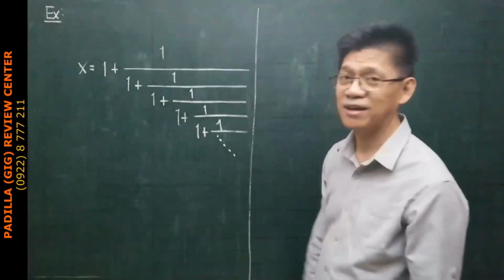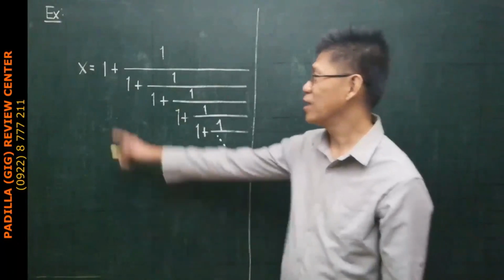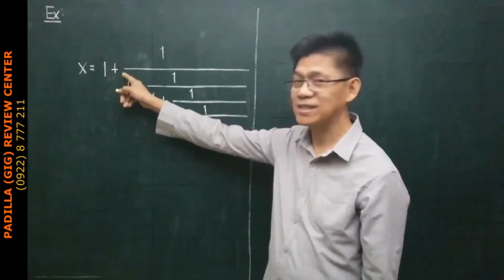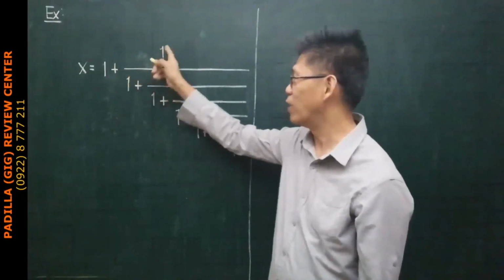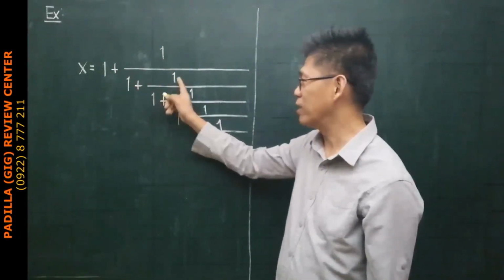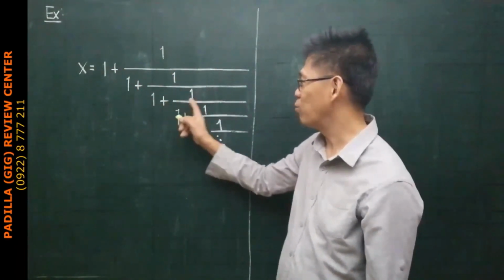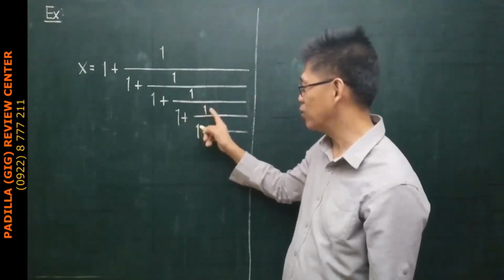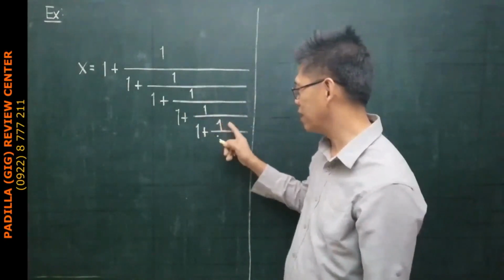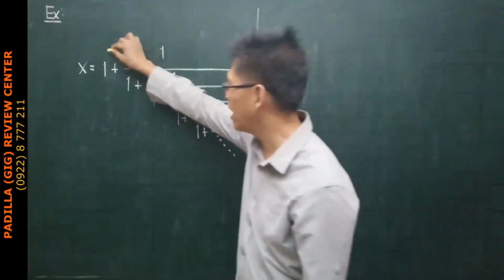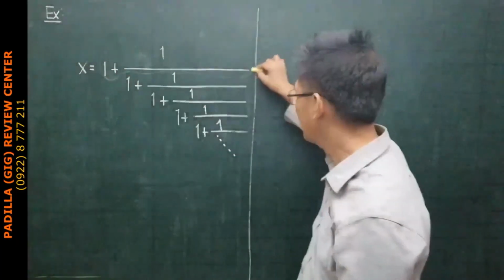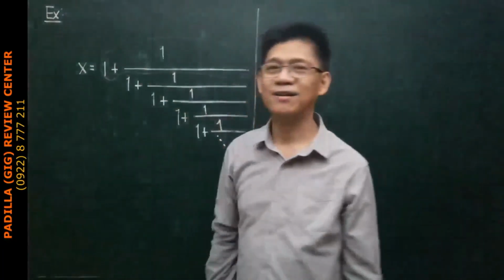Madali lang ma-identify. The sequence is 1 plus 1 over, 1 plus 1 over, 1 plus 1 over, and so on. So, the grain of sand is 1 plus 1 over.